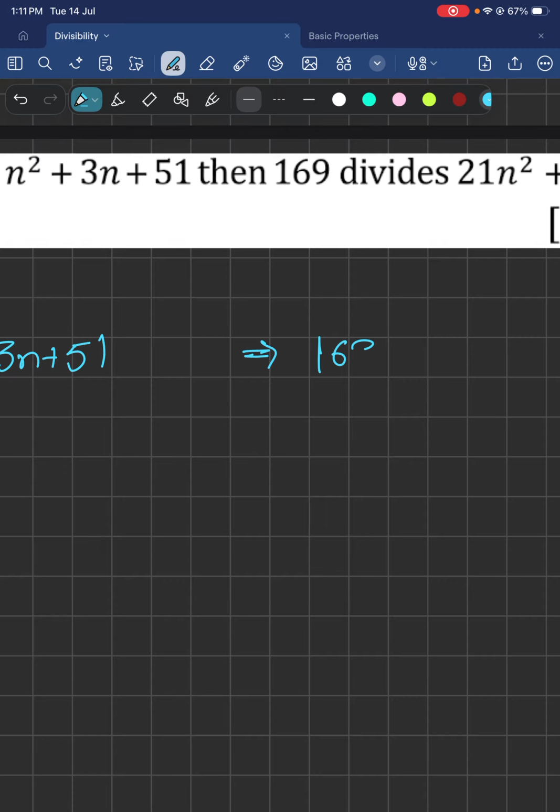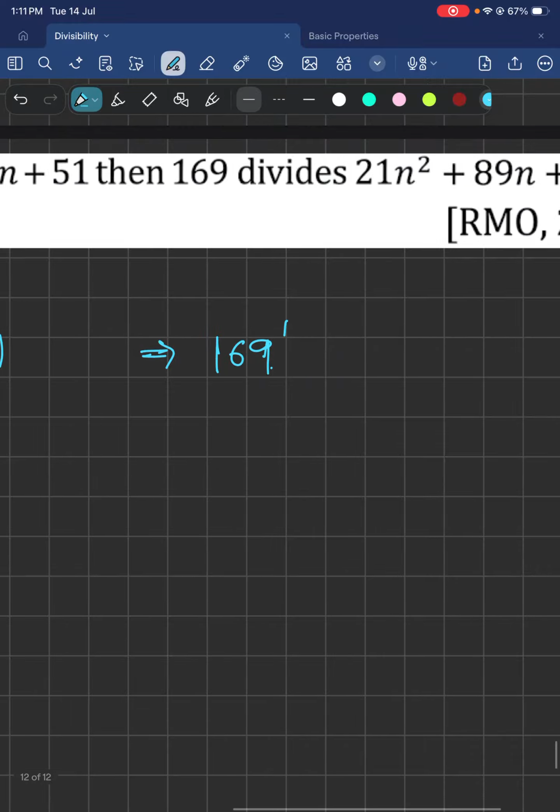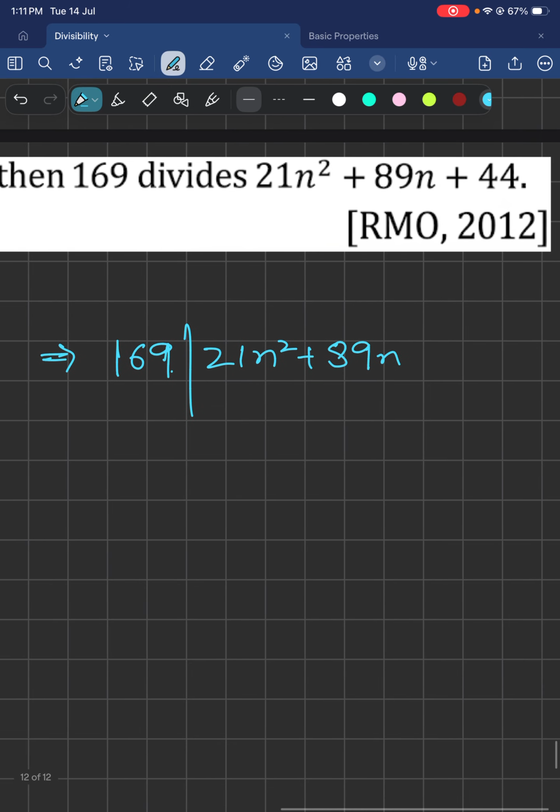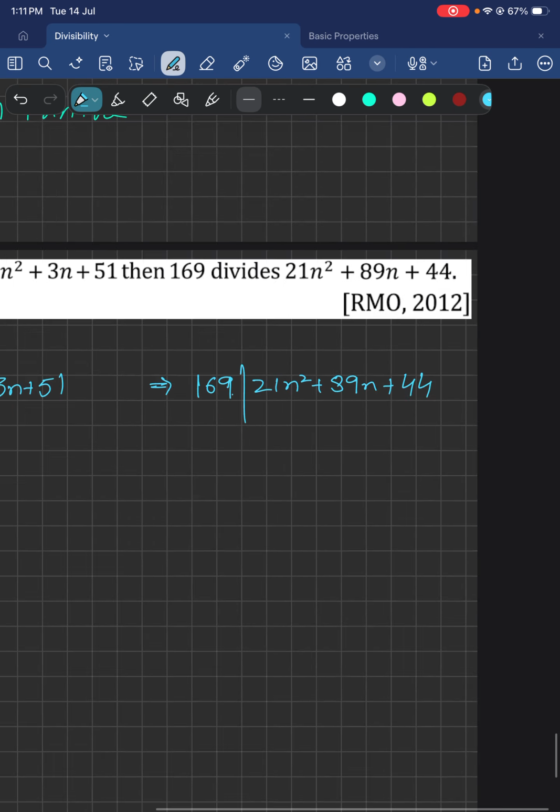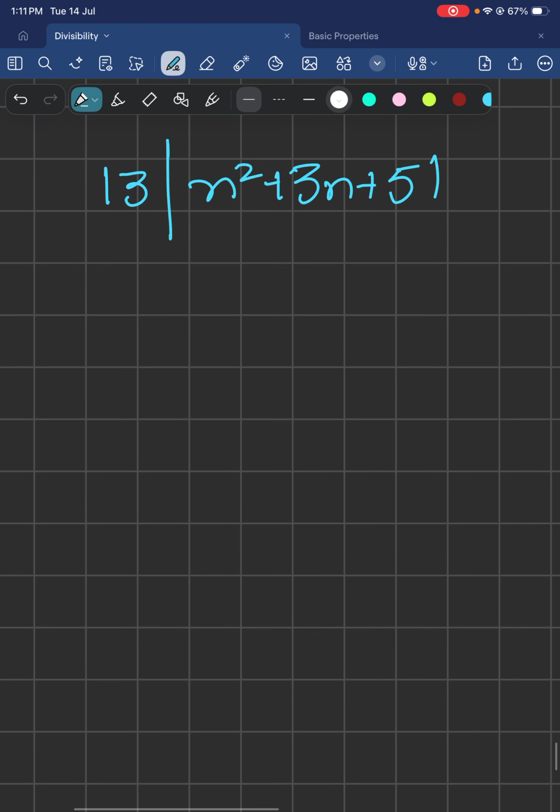And then we have to prove that 169 should divide 20n square plus 89 plus 44, right? So when you look at this equation, what comes to your mind?